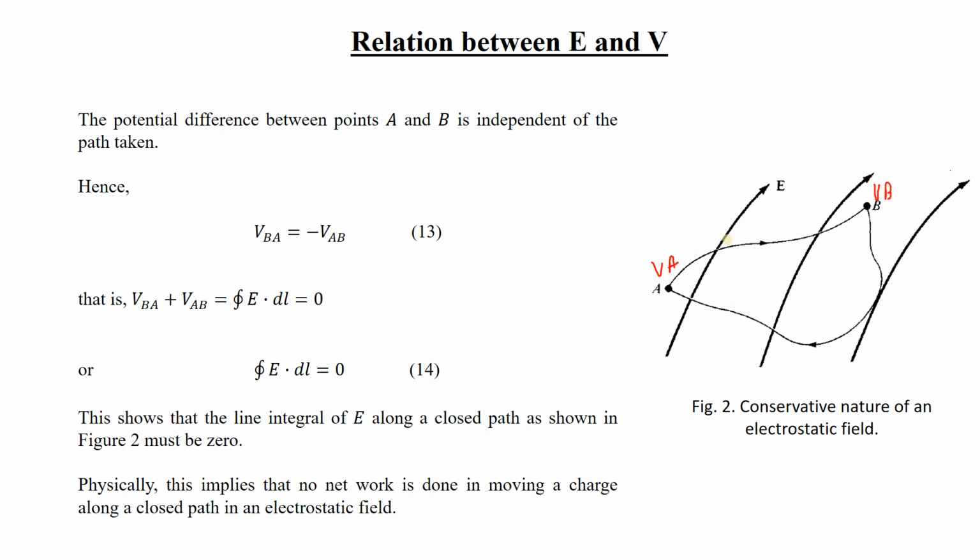The work done to travel from A to B is the potential difference. Now the same charge, which is at B, you want to move again to A, so you travel from B to A. That potential will be VBA. Both are equal magnitude wise, but opposite in sign. So the closed line integral will be the summation of the two potential differences, which is 0. That means no work done, so the potential difference in the closed path is 0.